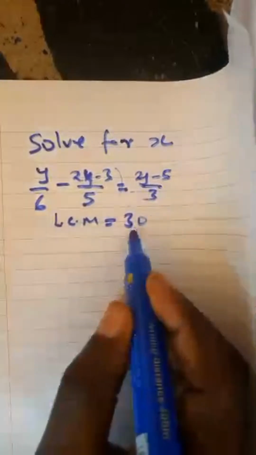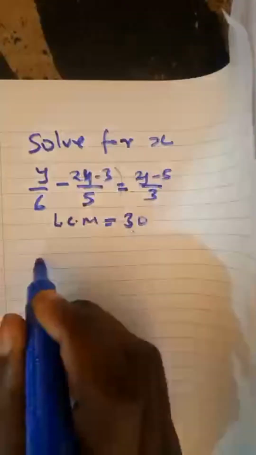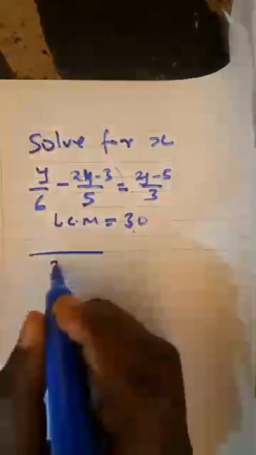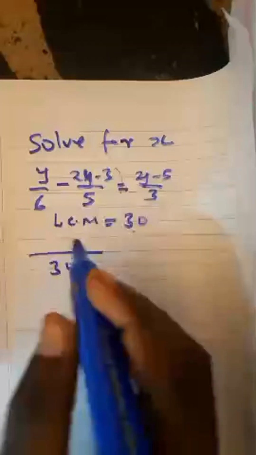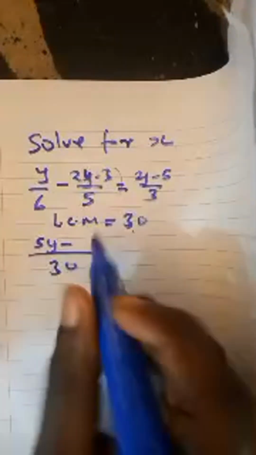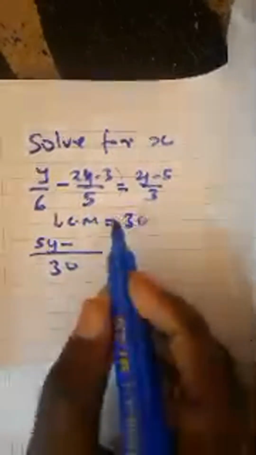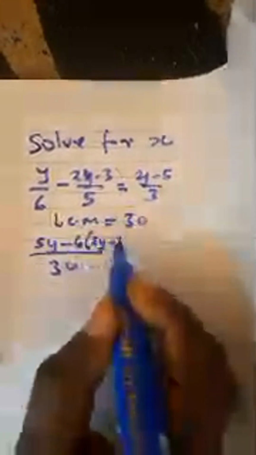So after finding the LCM, I'll write this side as 5 times y, I will have 5y minus, 5 goes into 30 six times, 6 in bracket 2y minus 3.